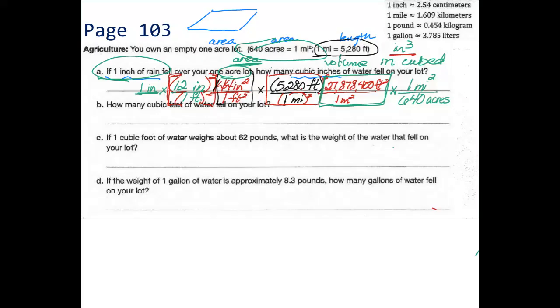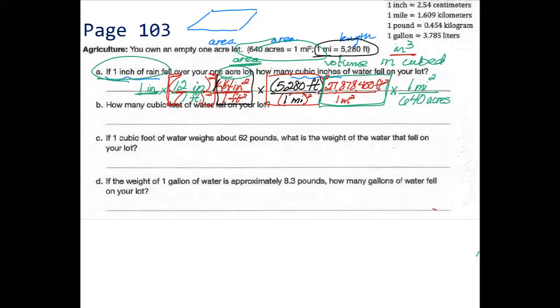So we started with an inch of rain. We multiplied it by the equivalent ratio of 12 inches, that quantity squared, to 1 foot squared. We squared that, multiplied by 5,280 squared over that, and times 1 mile squared divided by 640 acres.